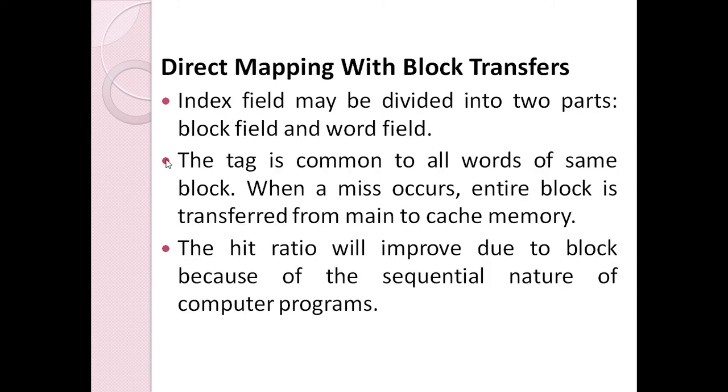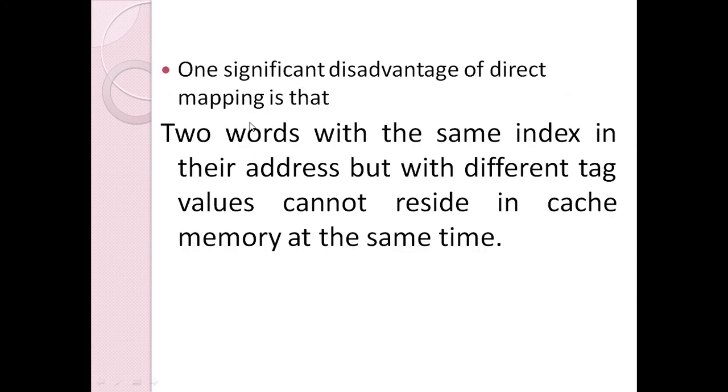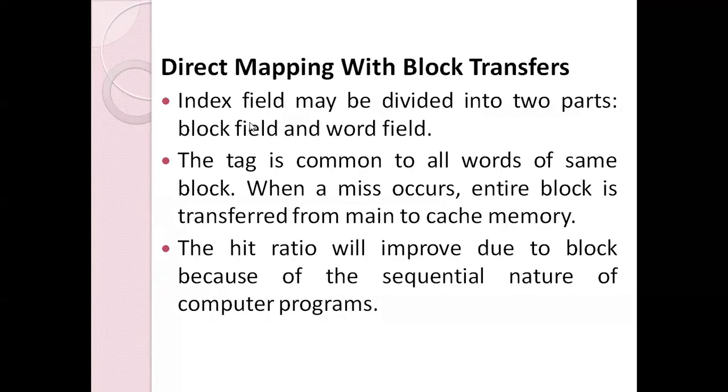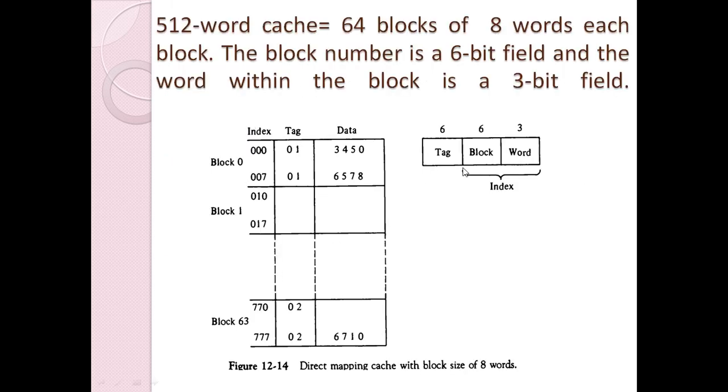Here we further discuss, this is the basic of direct mapping. Further discussion includes block transferring. You come here and see, if this is the index of 9 bits, I break this index also into 6 bits of block and 3 bits of word.